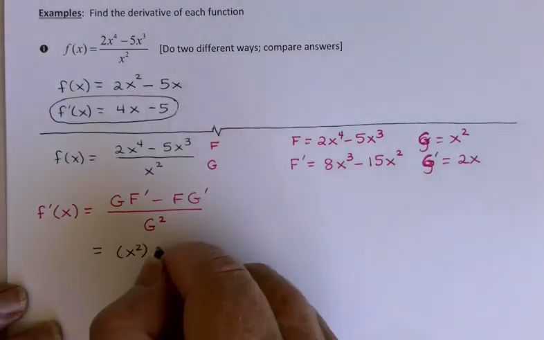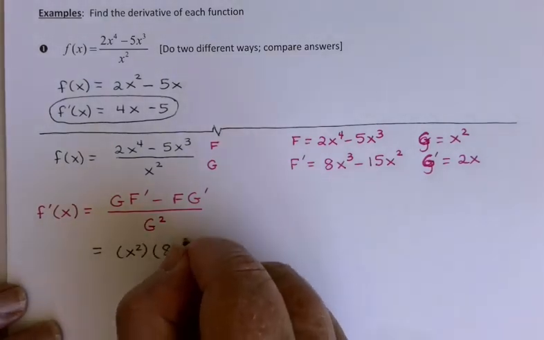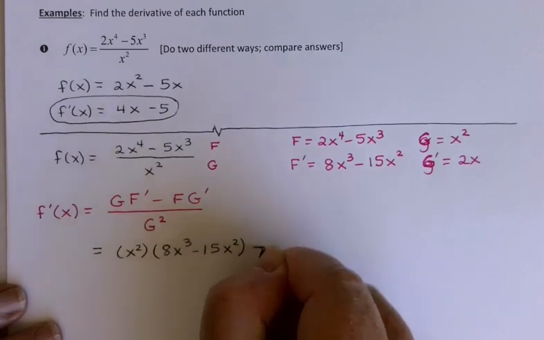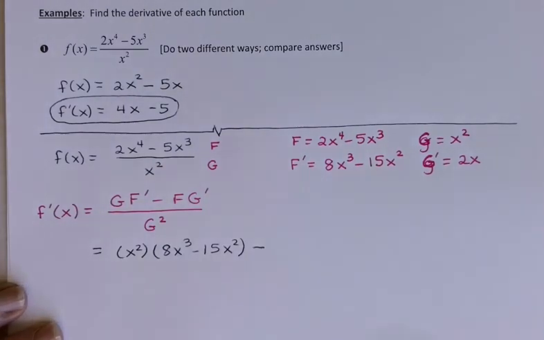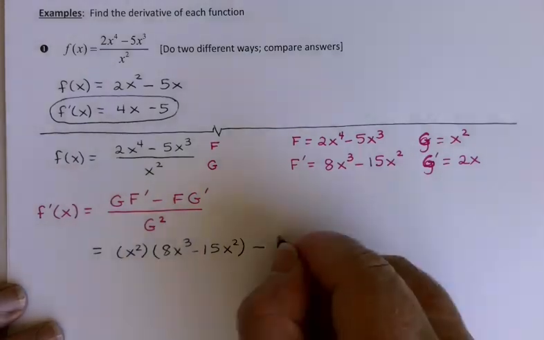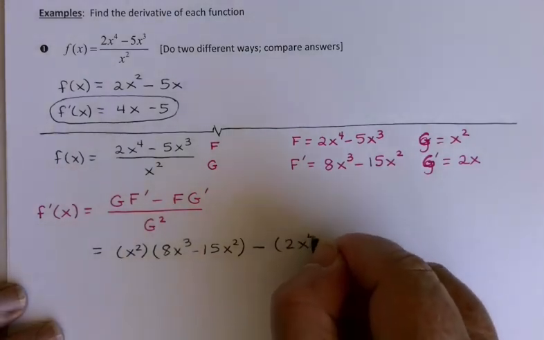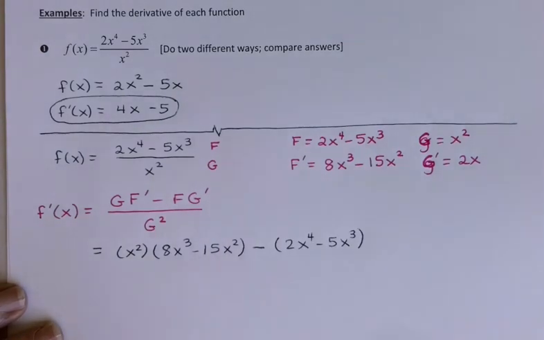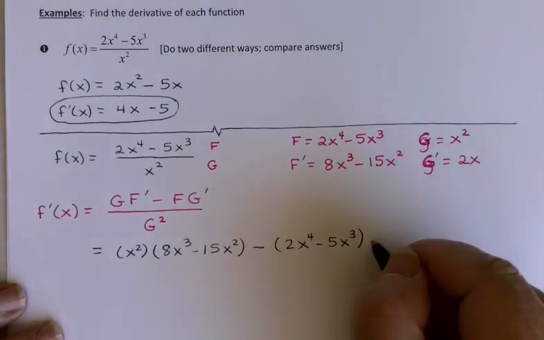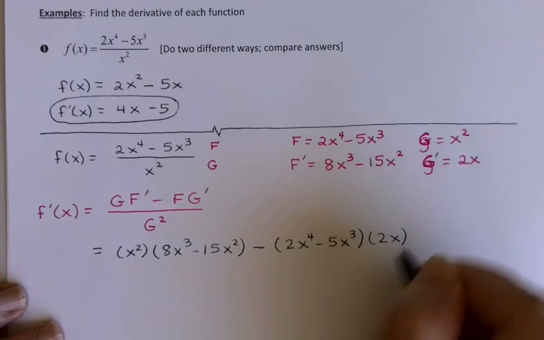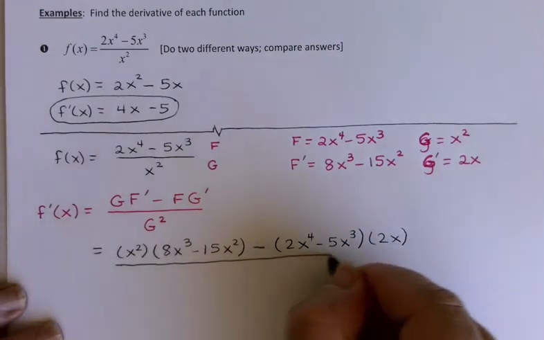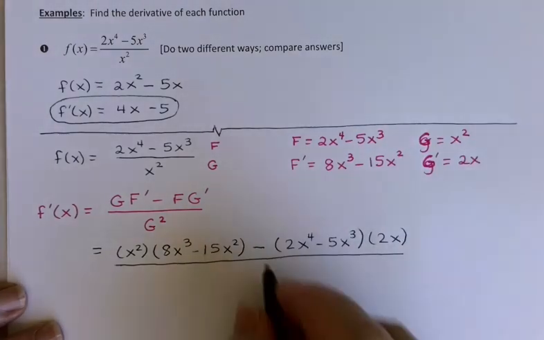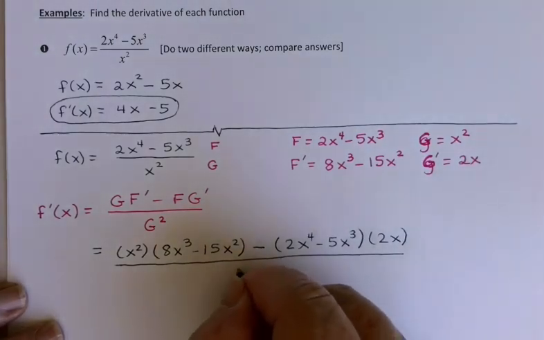And F prime, 8x cubed minus 15x squared. I then subtract F, 2x to the fourth minus 5x cubed, times G prime, which is 2x. And then in the denominator I have G squared, so that would be x squared squared.